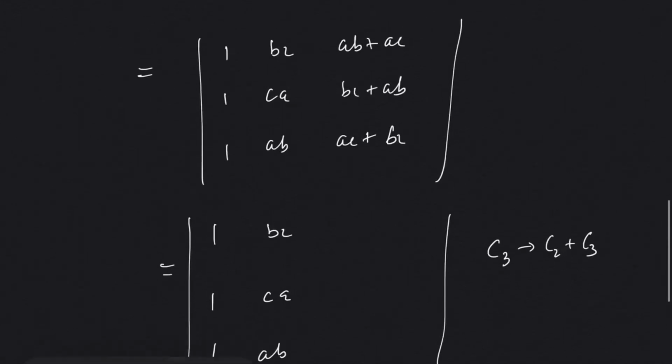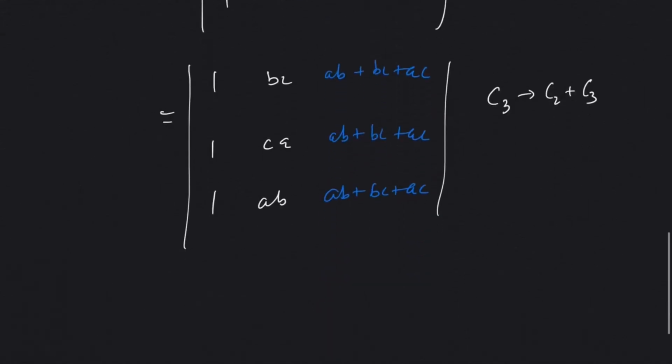So column 3, what have I done is I'm adding these 2. So then what will I have? I'll just arrange and write AB plus BC plus AC. Here also AB plus BC plus AC, AB plus BC plus AC.